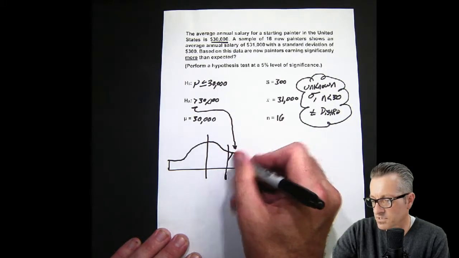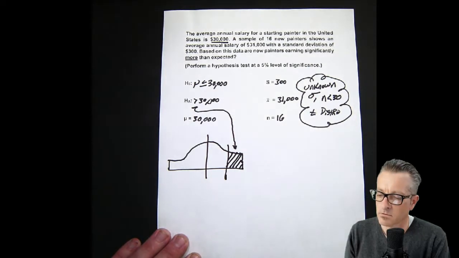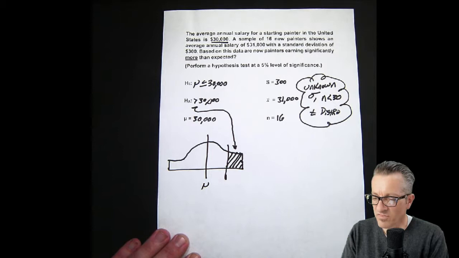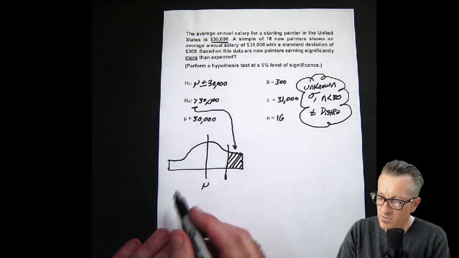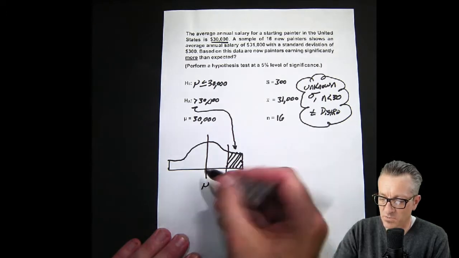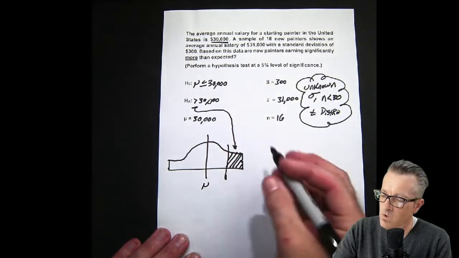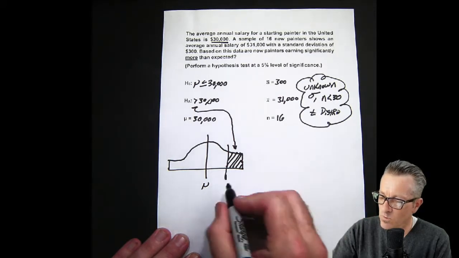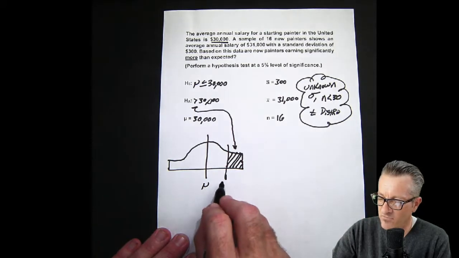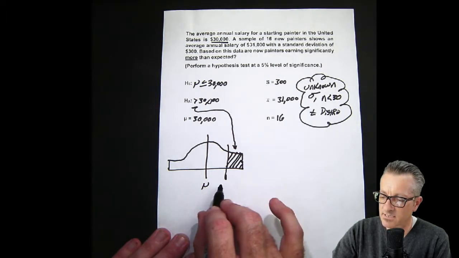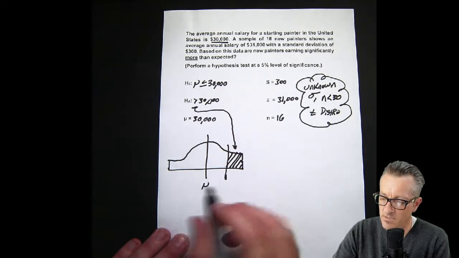So we'll call this our rejection zone. This would be our mu. Theoretically, that's the middle. If we lay this out as standard deviations, this would be the middle, no standard deviation, which is where the mu is. So what we want to do now is find the critical value for this area right here, and then calculate our test statistic to see if we are in the rejection zone or not.